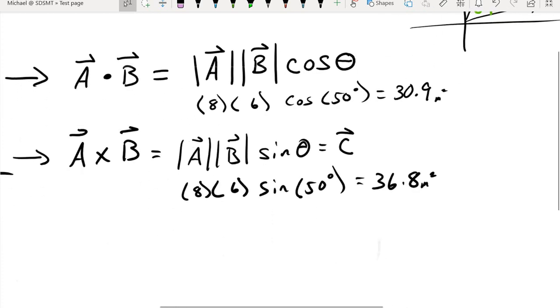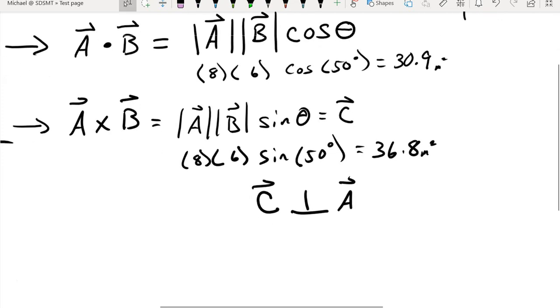And as it turns out, and you'll learn a method to prove this in Calc 3, anytime you take a cross product, the resulting vector will be perpendicular to the original two vectors that you used.